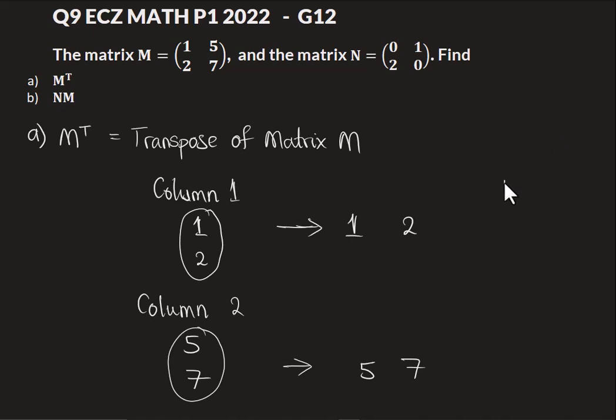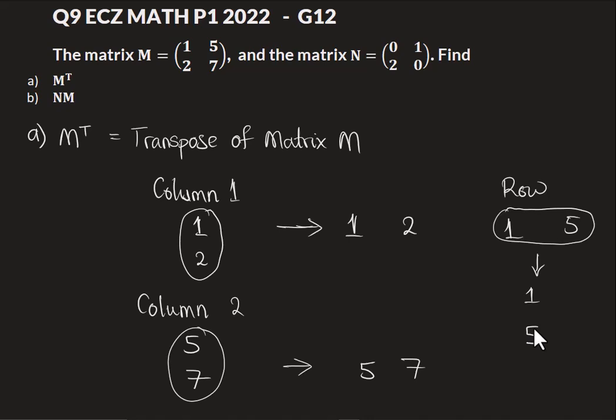You could also say row 1 is 1, 5. It becomes 1, 5 like this.